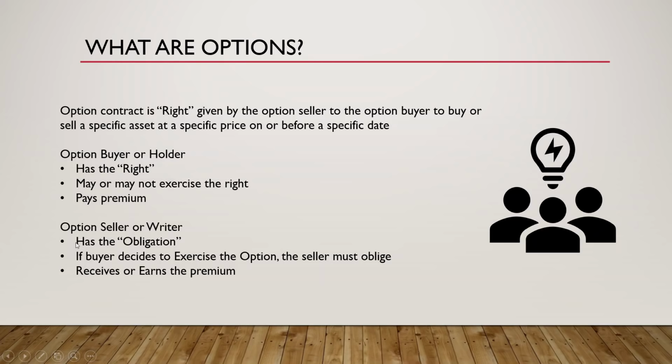Option sellers, or we call them writers, have the obligation, so that if somebody asks I have to exercise, then the option writer should be in a position to give him the underlying shares or underlying contract for the index. Has the obligation: if the buyer decides to exercise the option, the seller must oblige. Receives or earns the premium, so he gets the premium upfront, whereas the buyer is paying the premium, the writer is gaining the premium.